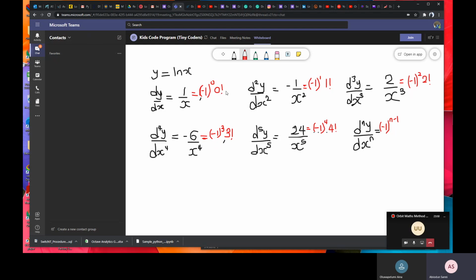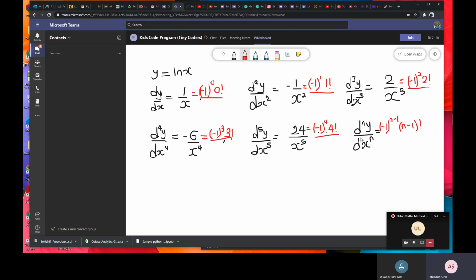This is like 1 minus 1 factorial, 2 minus 1 factorial, 3 minus 1 factorial, 4 minus 1 factorial. That's at the fourth derivative. At the fifth derivative, I have 5 minus 1 factorial. It means that at the nth derivative, I'm going to have n minus 1 factorial. Does that make sense? Yes. So first of all, we have been able to solve the numerator part for all these patterns.